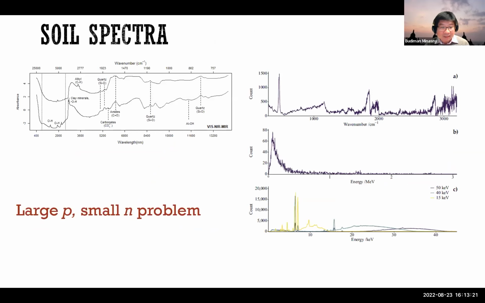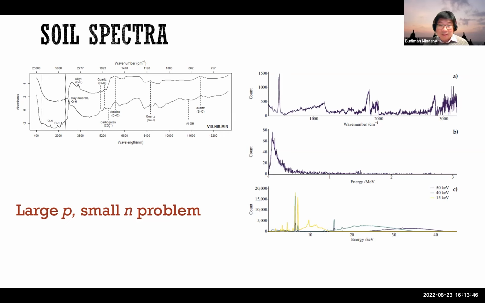So in mathematical terms, it is what they call a large P, small n problem. Large P means more variables than the number of data. Within a spectrum, for example, we could have 3,000 variables if the data is collected at every frequency or wave number.